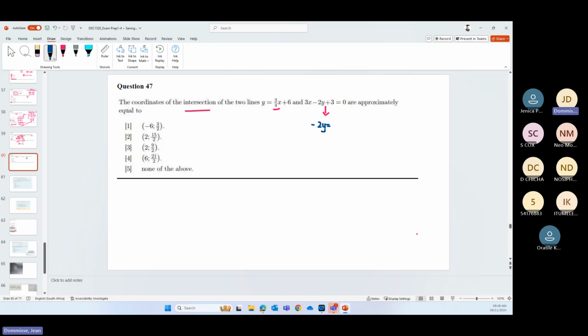Okay, so let's just rewrite it in the form y is equal to. So first, that is minus 2y. The x goes over, the constant goes over.